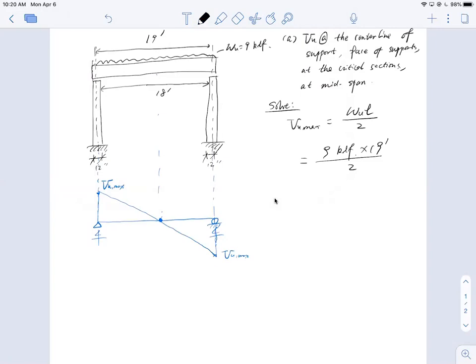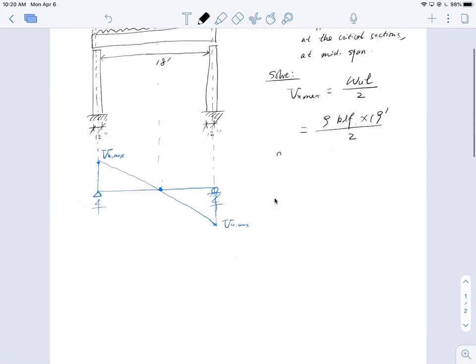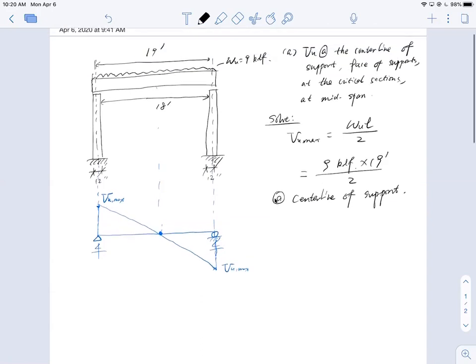So here Vu max is at the center line of support.